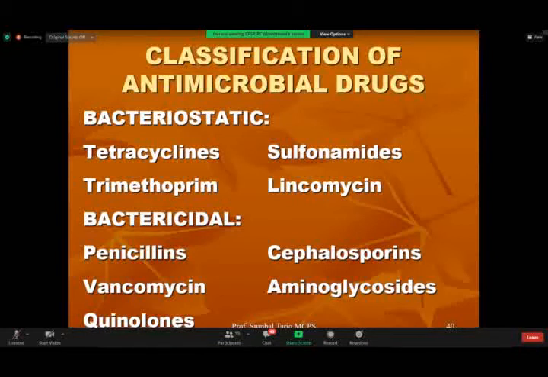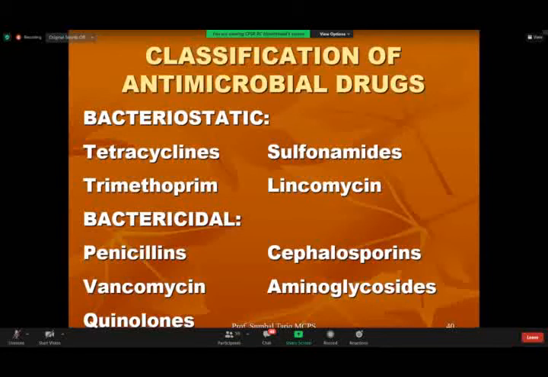Bacteriostatic drugs: we have tetracyclines, sulfonamides, trimethoprim, lincomycin as examples. They will just stop the infection in its tracks for some time. And for this, remember, we need a bacteria which is constantly multiplying. अगर bacteria पहले से multiply नहीं करे, तो you can't take them to a standstill.